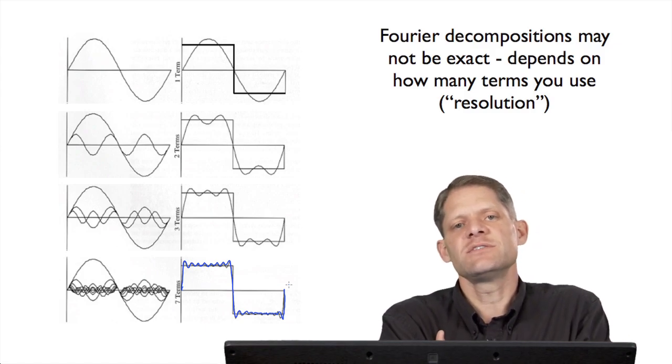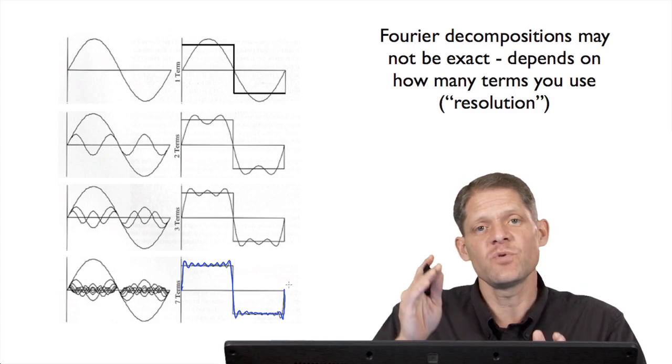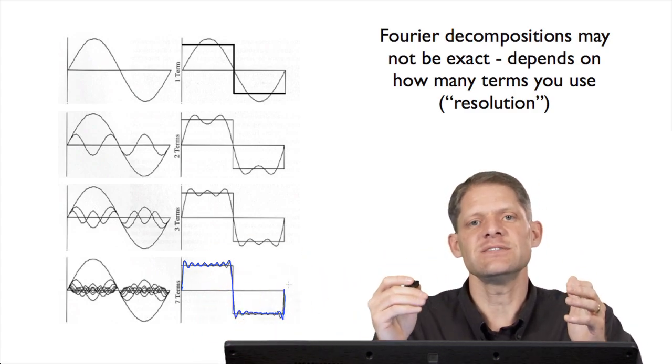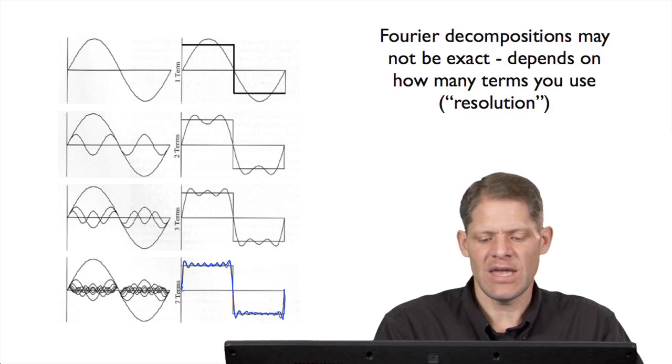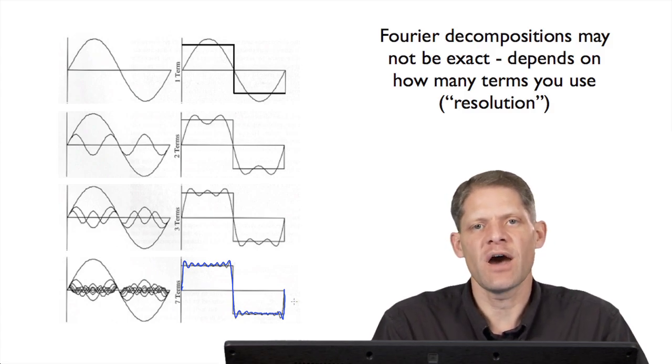And the theory is that if we could add an infinite number of sine waves, each with a higher and higher frequency, we could eventually exactly reproduce any waveform that is periodic.